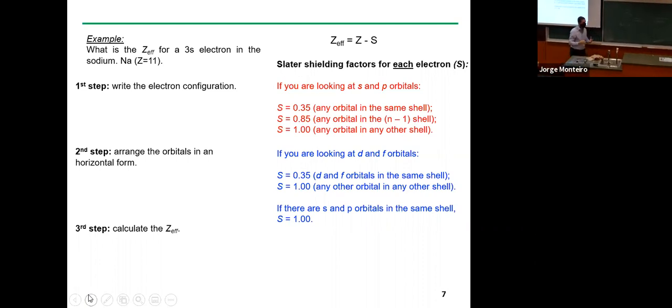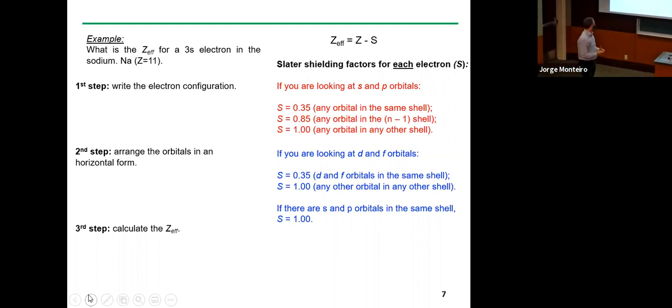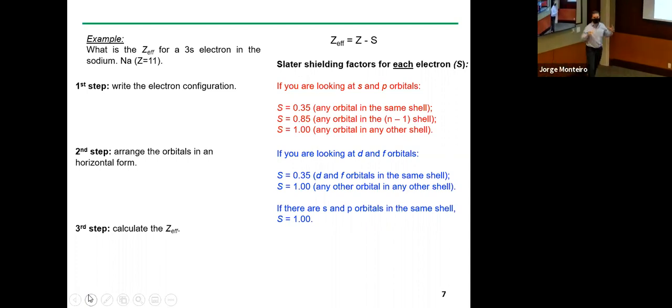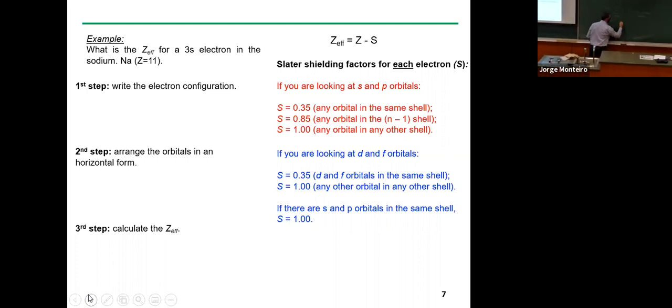And the question here is to determine the Z effective for the 3s orbital. When we have this sort of problem, the first step is to write the electron configuration. So we are going to fill shells and subshells, starting with 1s2. Next one is the 2s2, 2p6, and finally 3s1.